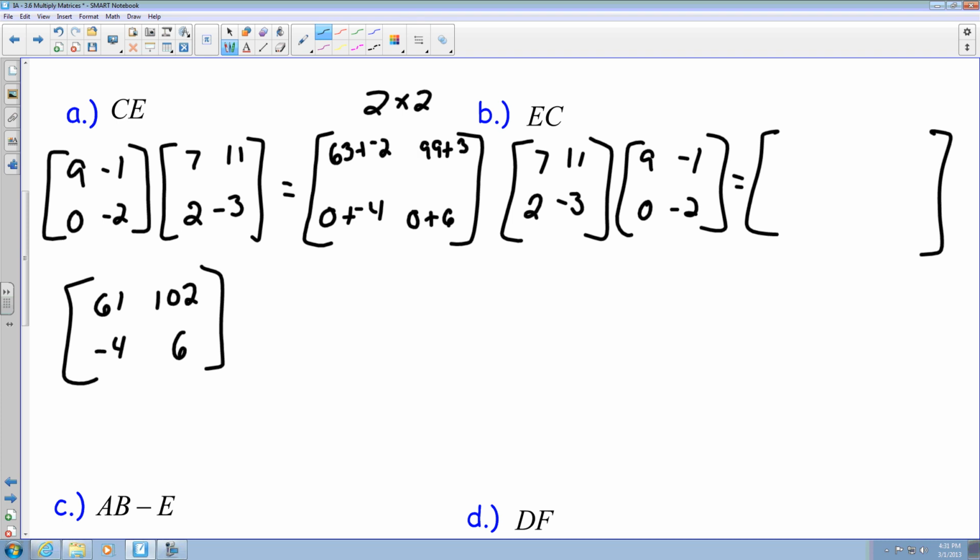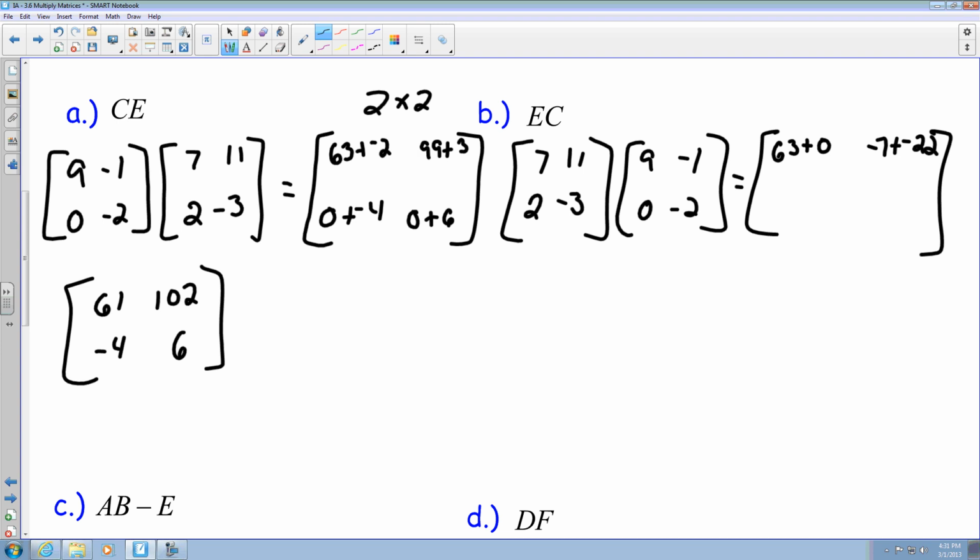Row 1, column 1, so I'm going to use row 1 in E, but column 1 in C. So this becomes 63 plus 0. I've got row 1, column 2, so I'm going to use row 1, so I got 7 and 11, turn it on its side, so that becomes -7 plus a -22.